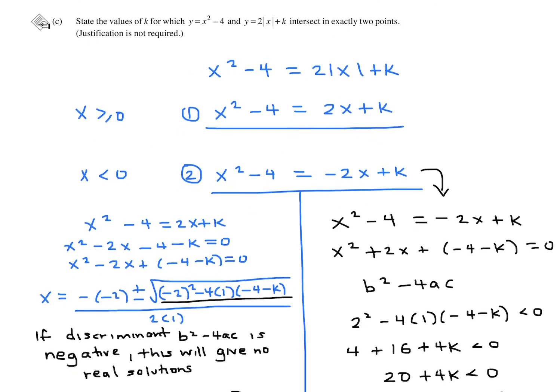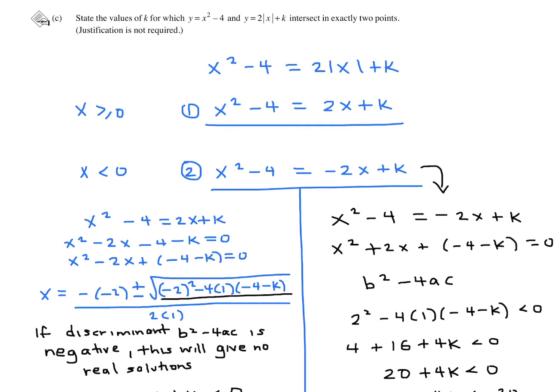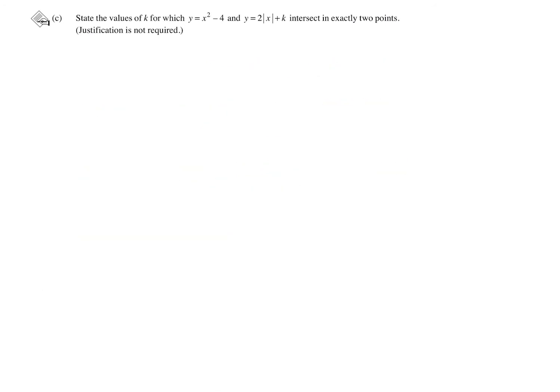All right, now we have part C. State the values of k for which y equals x squared minus 4 and y is equal to 2 times the absolute value of x plus k intersect in exactly 2 points. Okay, justification not required. All right, so we have a few scenarios, right?